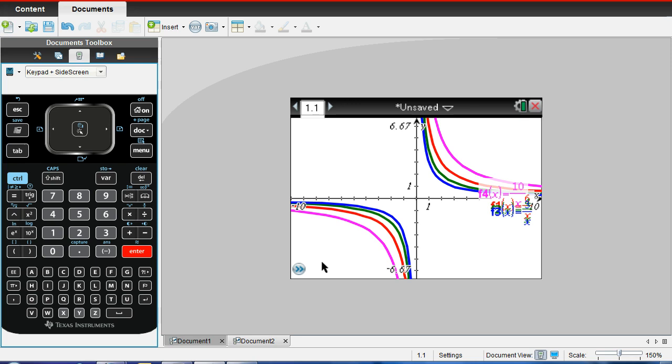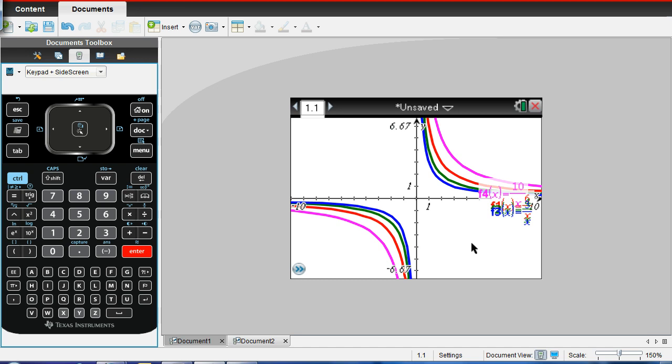They all are in quadrants 1 and 3. You want to make sure that you have these quadrants memorized, because this is going to be true for any hyperbola in the form y equals k divided by x. So this would be quadrant 1. Remember, we go counterclockwise, so quadrant 2, quadrant 3, and quadrant 4.